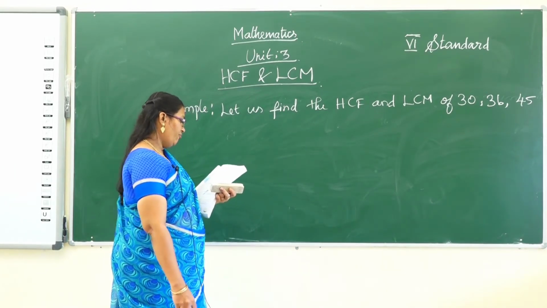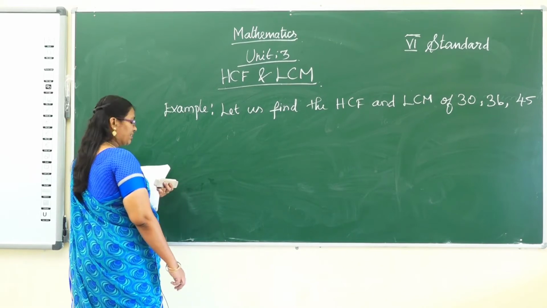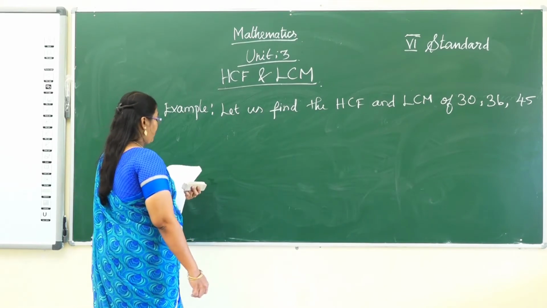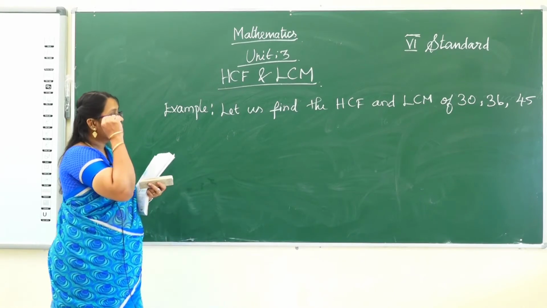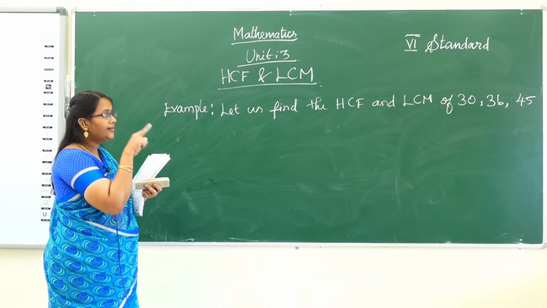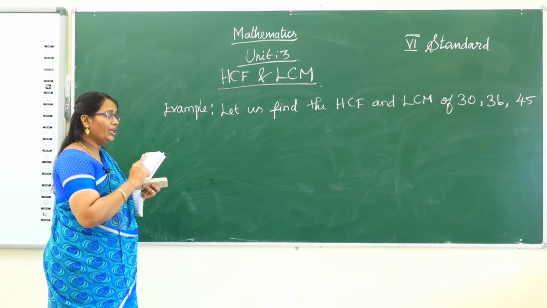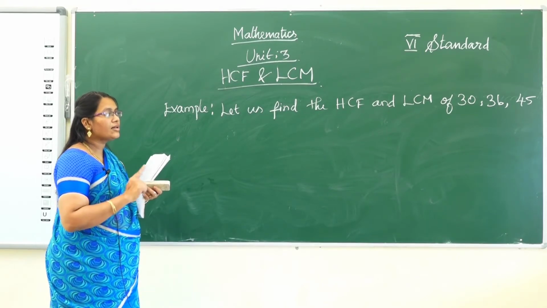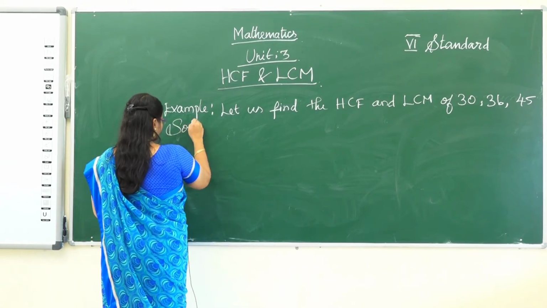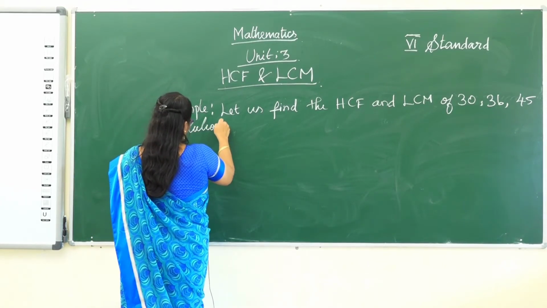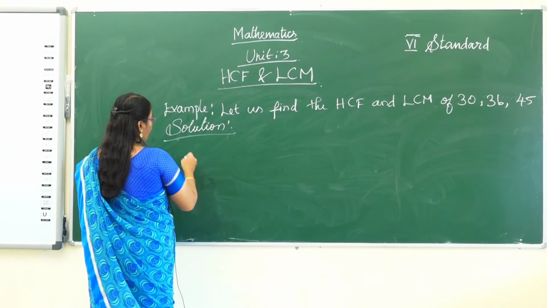Finding their common factors means HCF, and then common multiples. First we find the common factors for 30, 36, 45. After that, we find the common multiples for 30, 36 and 45.